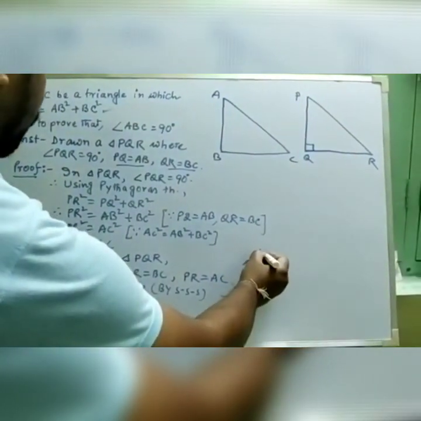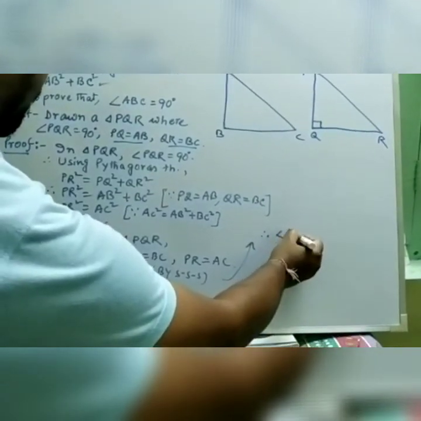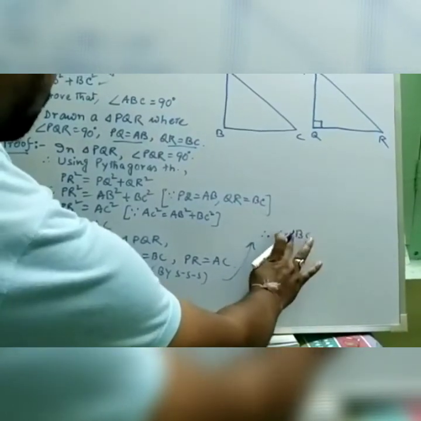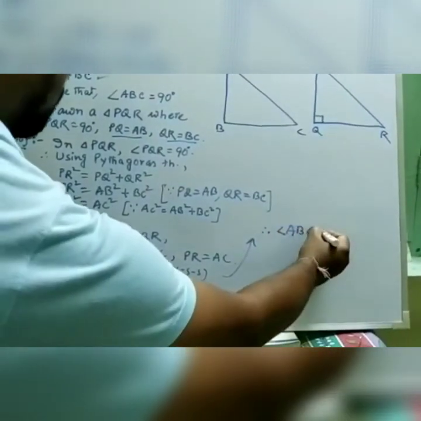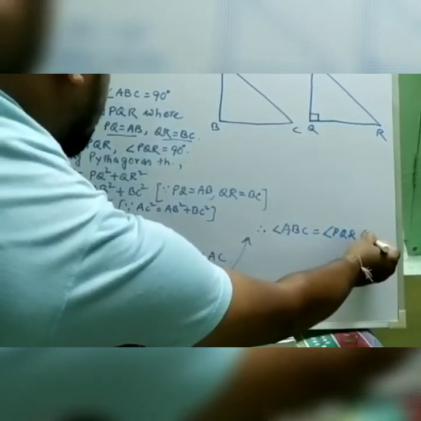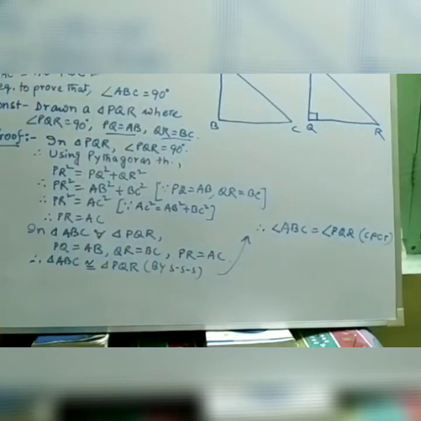So the triangles are congruent, and therefore we write angle ABC equals angle PQR. This is CPCT, corresponding parts of congruent triangles.